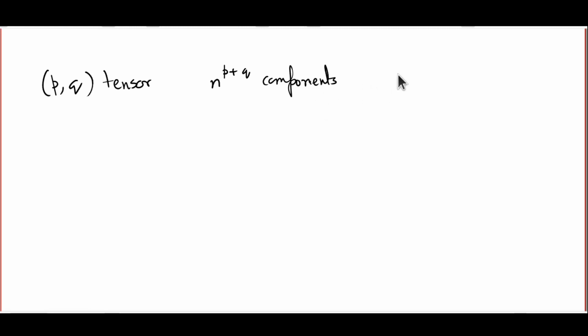Under a coordinate transformation in which the n coordinates describing your system change from x^i to x'^i, given by some function x'^i of x^1, x^2, up to x^n, these components transform according to the following rule.